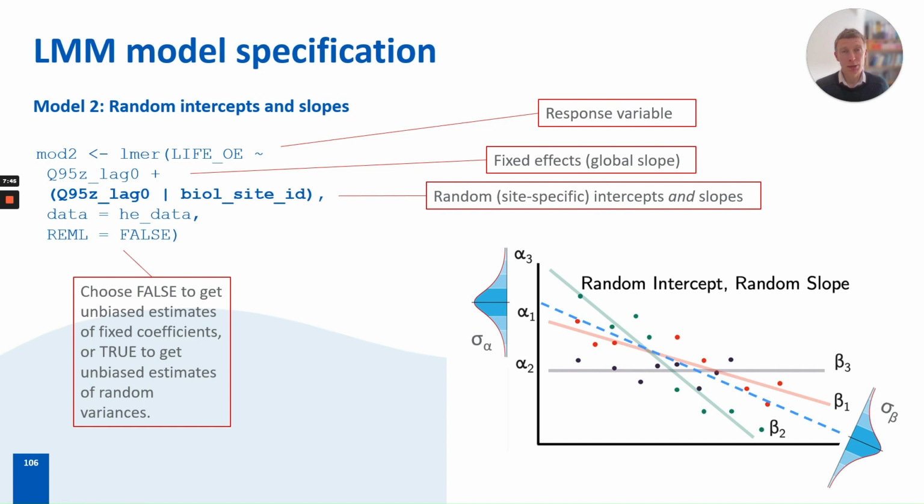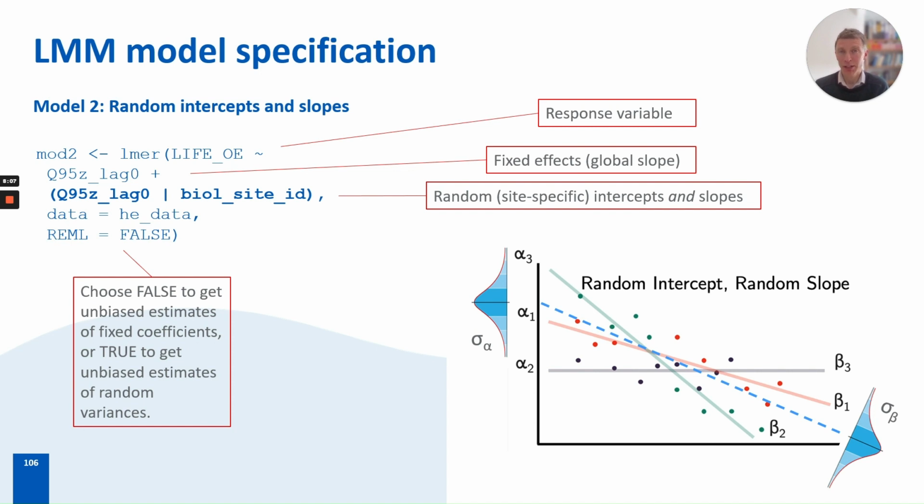This provides a mechanism for exploring how consistently or otherwise that hydroecological relationship applies from one site to another. Implicit within this is that there's also a random intercept as well, but we don't need to specify that using a 1, it's produced implicitly.